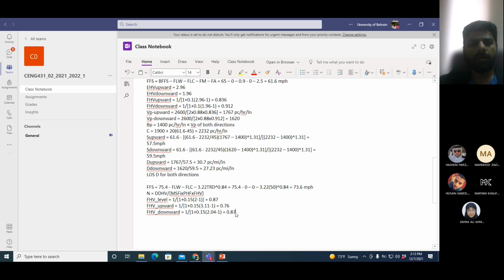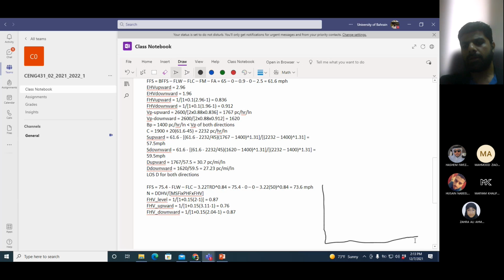First of all, for finding out the maximum service flow rate, you need to draw the diagram between speed and flow. For your highway, you have to plot a graph between speed and flow. Speed on the y-axis and flow VP on the x-axis.